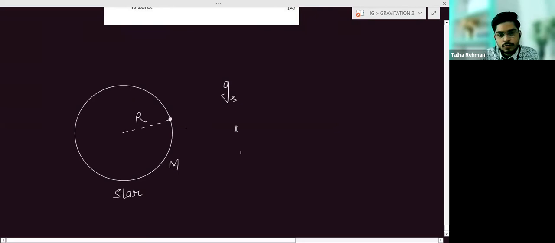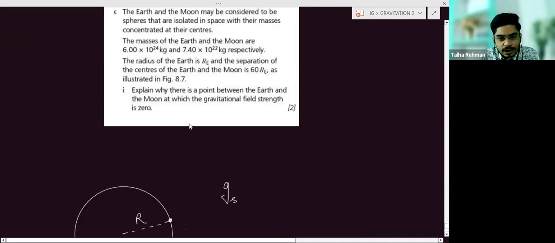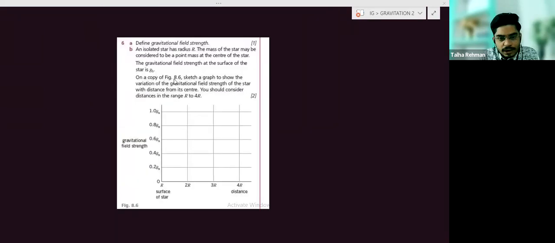On a copy of figure 8.6, sketch a graph to show the variation of gravitational field strength of a star with distance from the center. You should consider the distances in the range r to 4r.